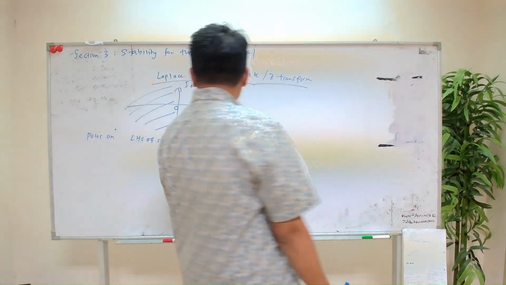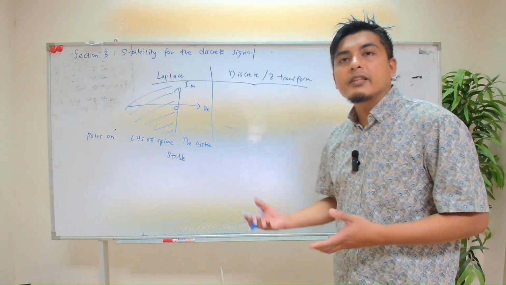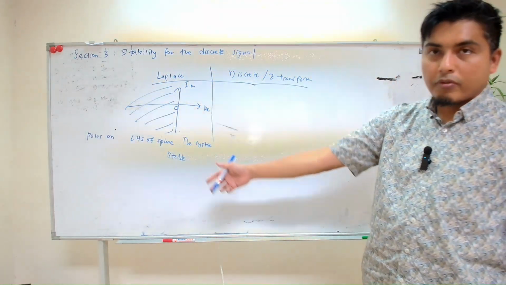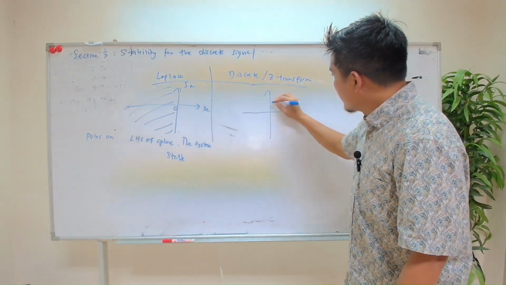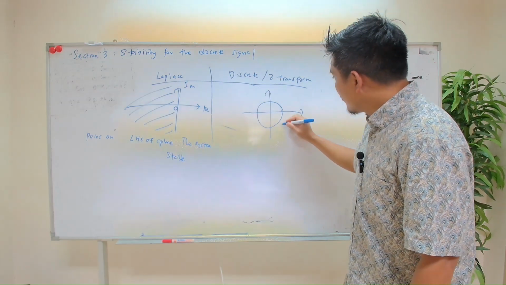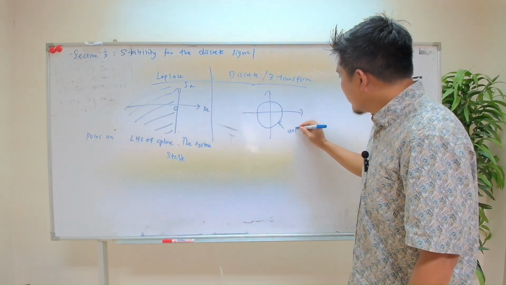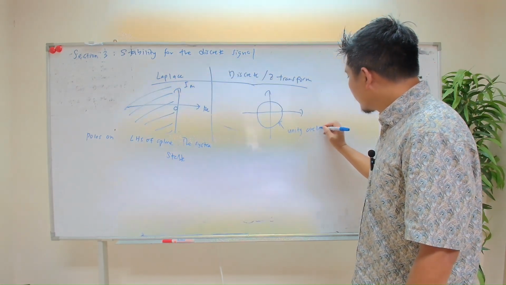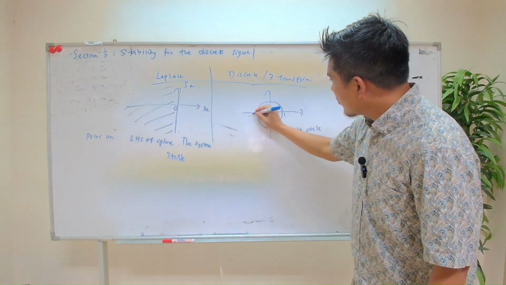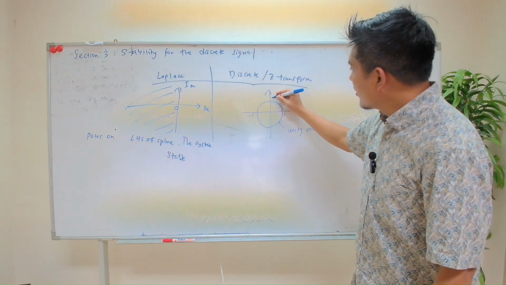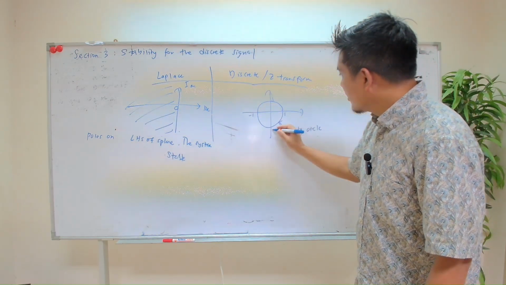However, for the discrete, you also have a region of stability for the poles. The region of the stability of the poles, we call this the unity circle, where the radius is 1, this is also -1, this is j, this is -j.